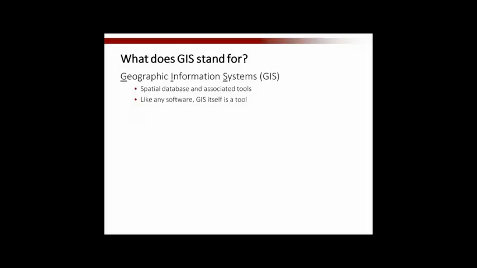But like any software, geographic information systems is a tool. It is used to achieve an end. So if you have a problem or a question or an issue which has a geographic component, GIS allows you to address that issue in a way which is spatially explicit.